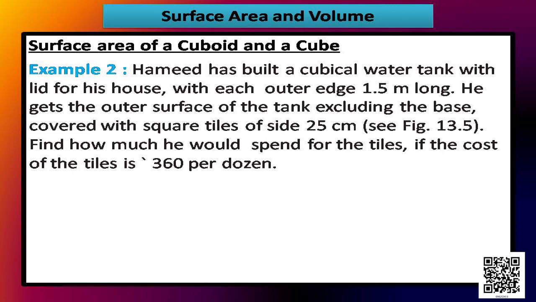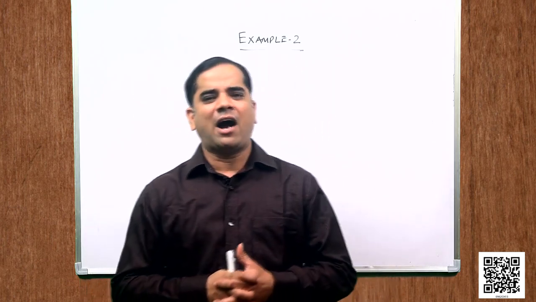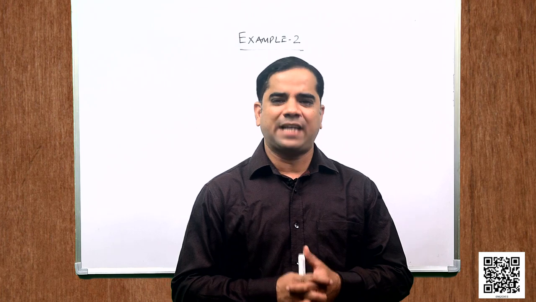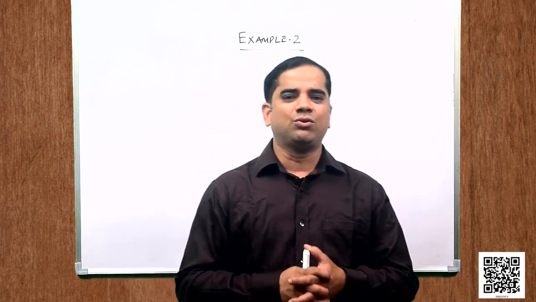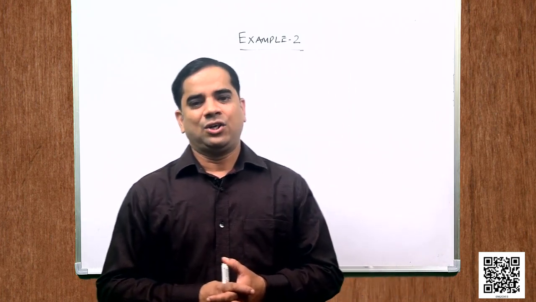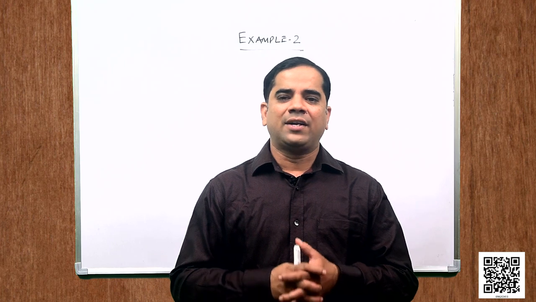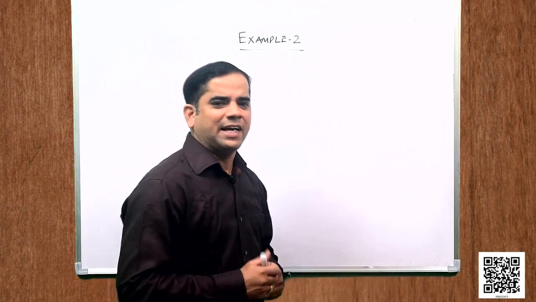Students, since Hamid is getting the 5 outer faces of the tank covered with tiles, he would need to know the surface area of the tank to decide on the number of tiles required. So, what are the given data?